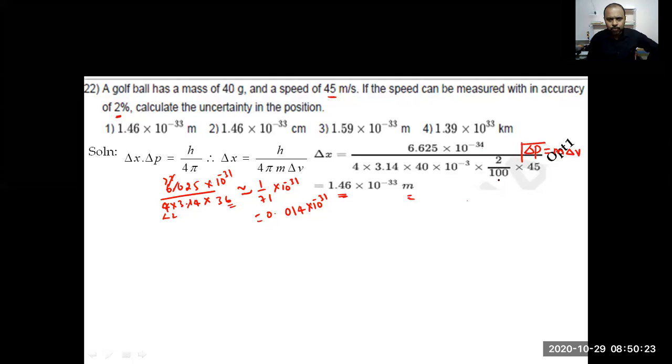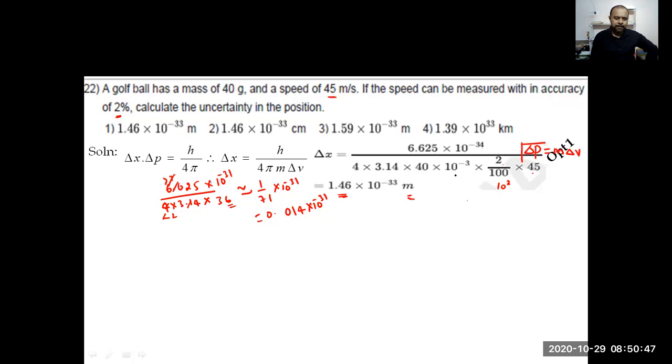This is 10 raised to 2, it remains as 10 raised to 2 itself. There is 10 raised to minus 3 here, it goes to the numerator. I have multiplied 2 into 45, 90, 90 into 40, 3600, 36 into 10 raised to 2, that also you push to the numerator so that the ratio will be simplified.